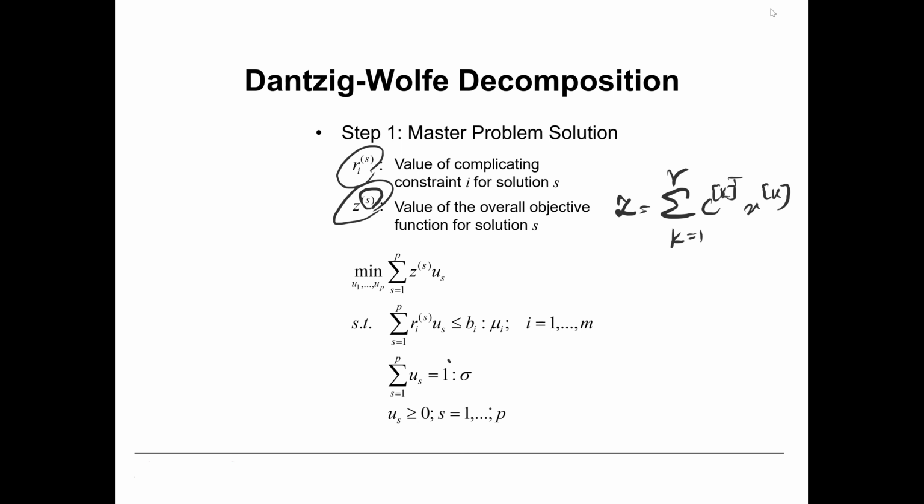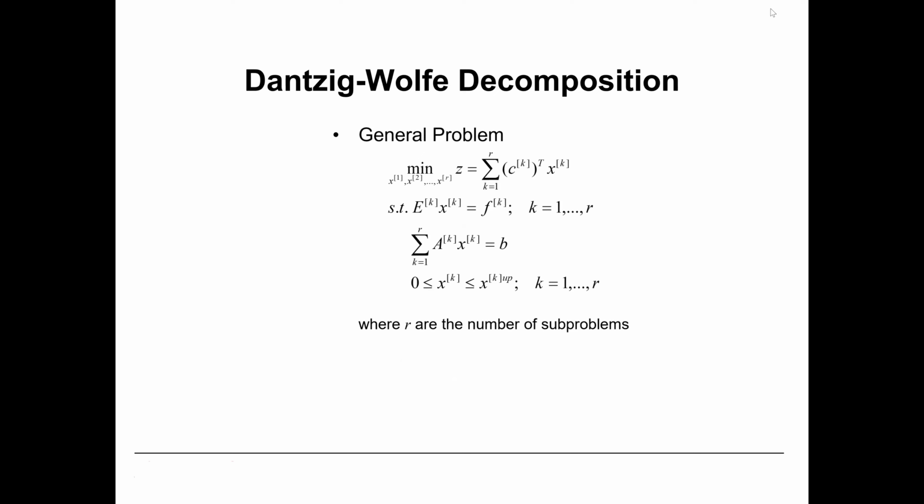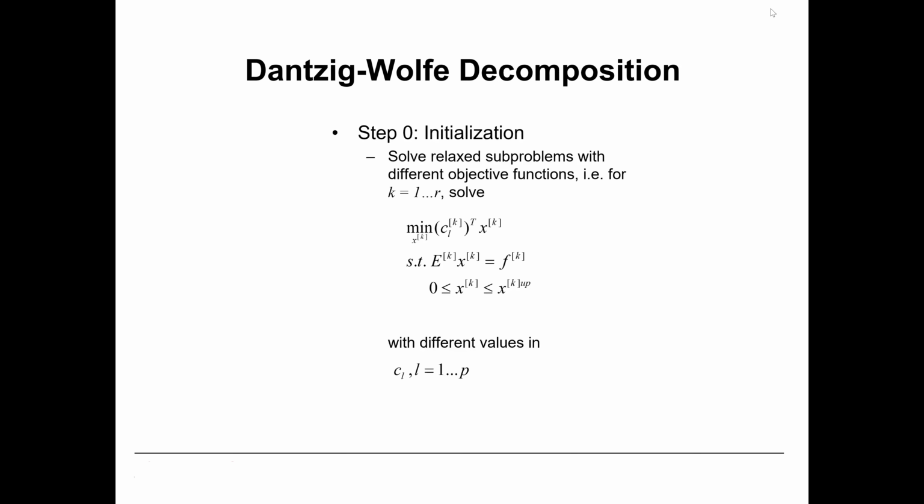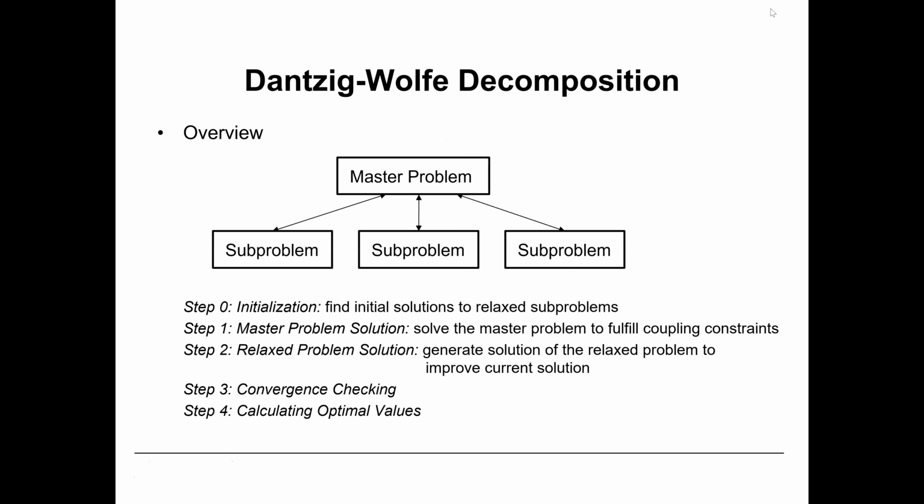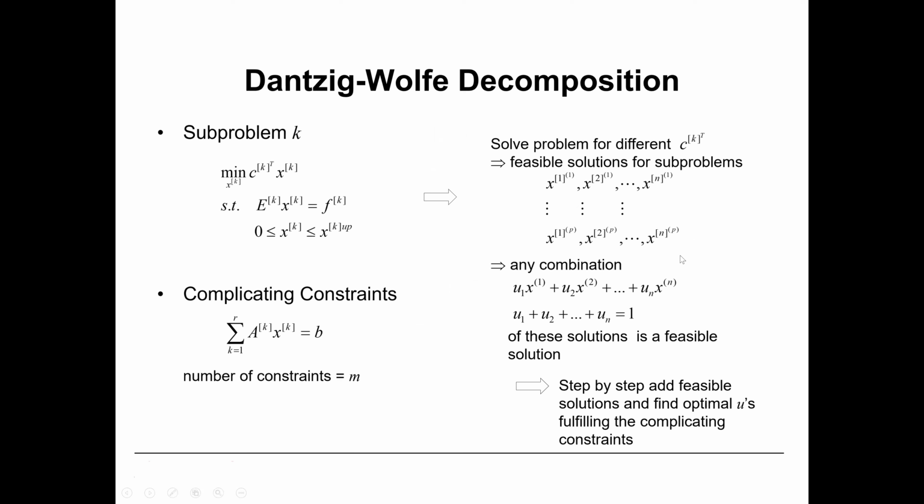The objective function for the master problem is using these values. We already know these values. And the variables for this are the coefficients. These are the same coefficients that we use here to update our solution in each iteration.